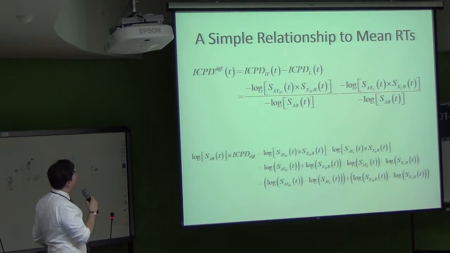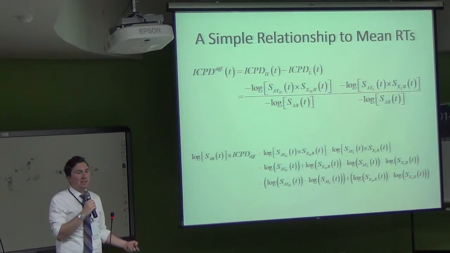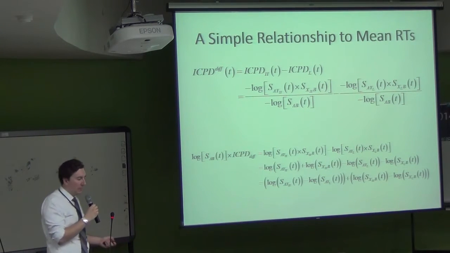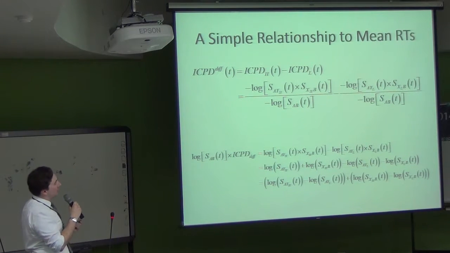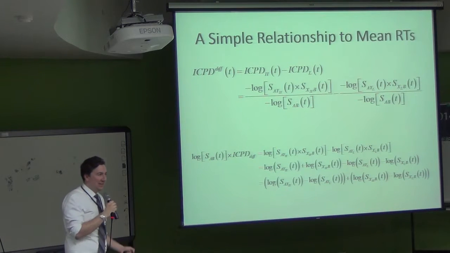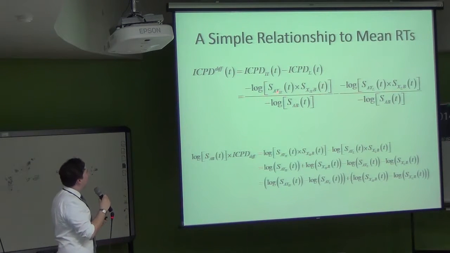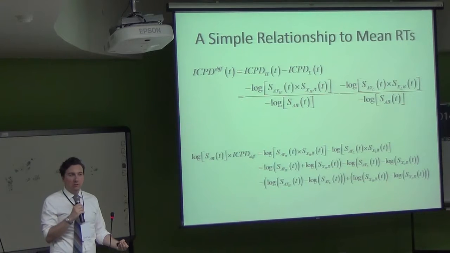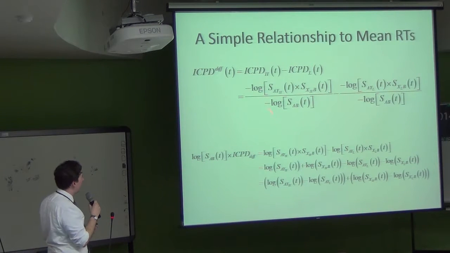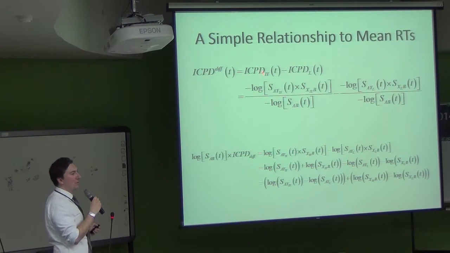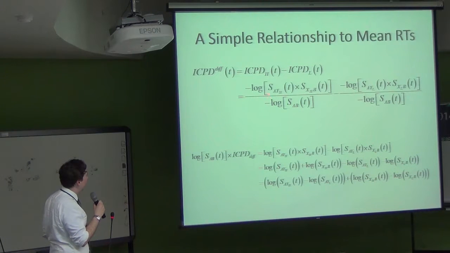And I'm not going to take you through all of this, but there's actually a very easy way to see this relationship. Well, I'll take you through some of it. If we take the capacity coefficient function and actually invert it, so now what we've got is something like the inverse capacity function, where you've now got the two single targets on the top of the equation and the two double targets on the bottom.